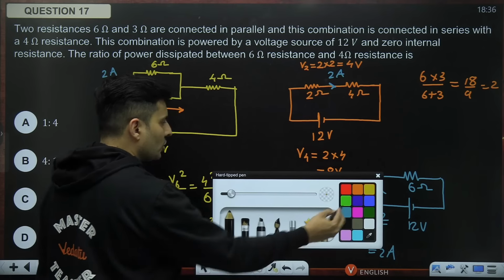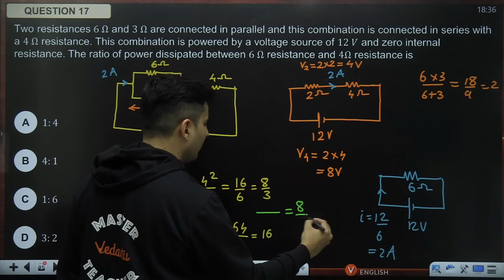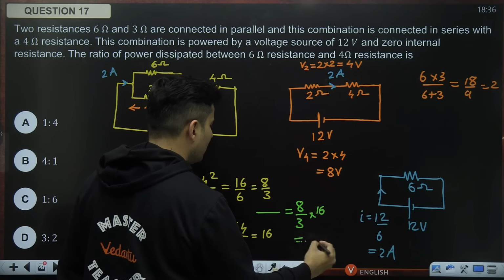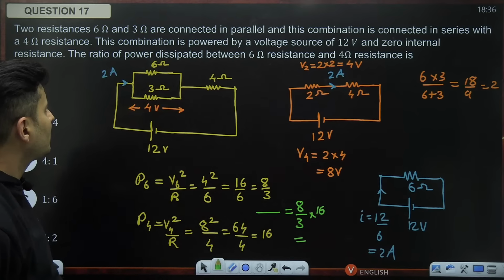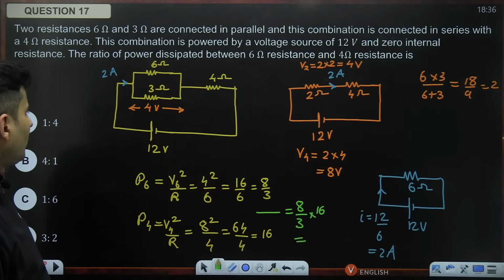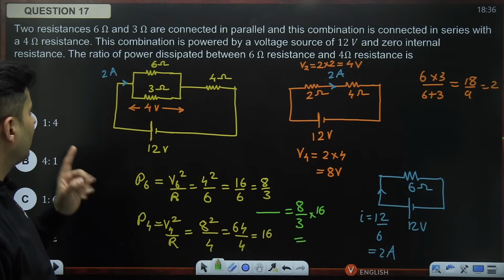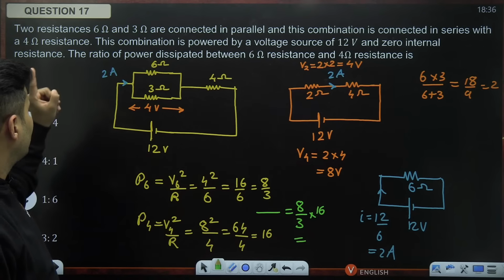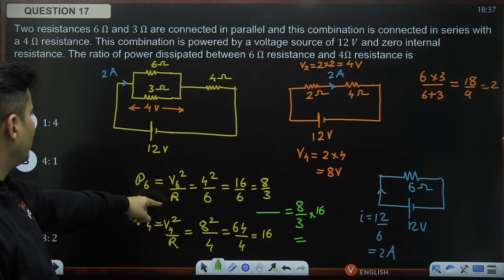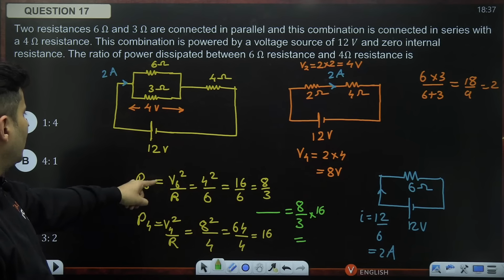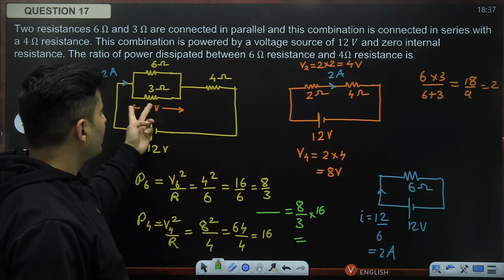Now you have to take the ratio of both of them. So that means divide both of them. So 8 by 3 by 16 will be 8 by 3 multiplied by 16. So have we made a mistake? The ratio of the power dissipated between 6 ohms and 4 ohms. Just check this out. This is 8, this is 4, perfect. 6 ohms and 4 volts. V square divided by R. All right, V square is across this, so that is 4 volts.